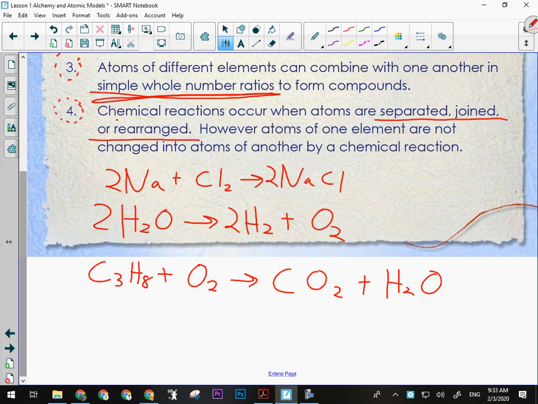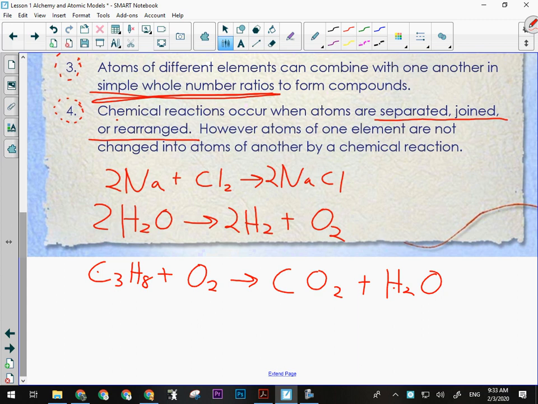Whenever you burn something, your products are carbon dioxide and water. Did I create any new elements? Nope. I have carbon over here, I have carbon over here. I have hydrogen over here, I have hydrogen over here. I have oxygen over here, I have oxygen over there. I didn't create any new elements. I rearranged them for sure, but I didn't create anything new.